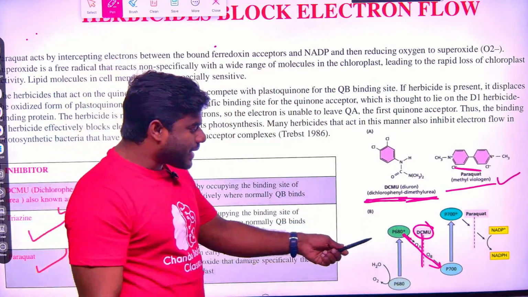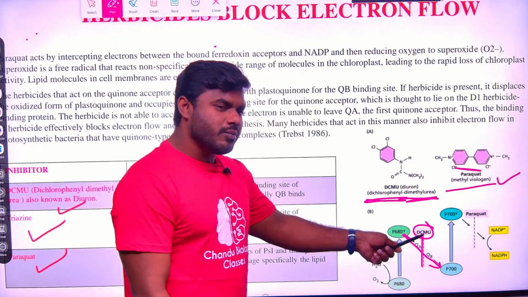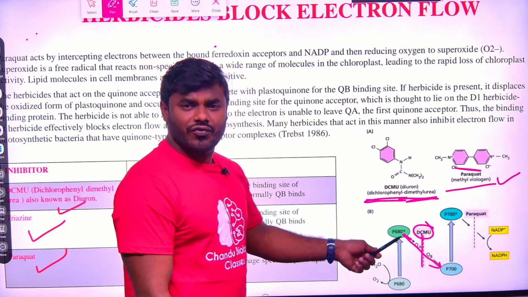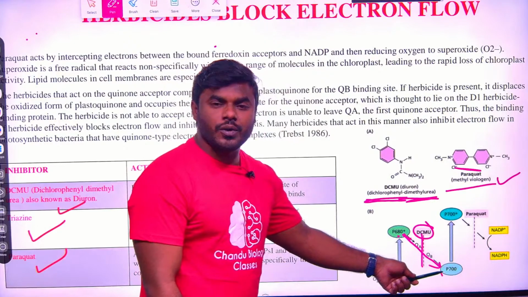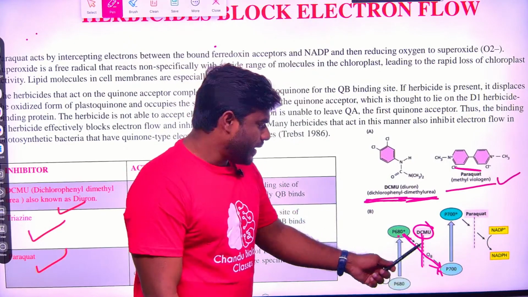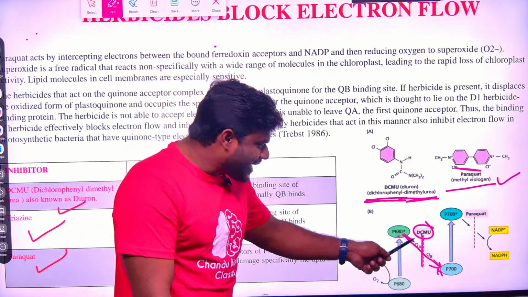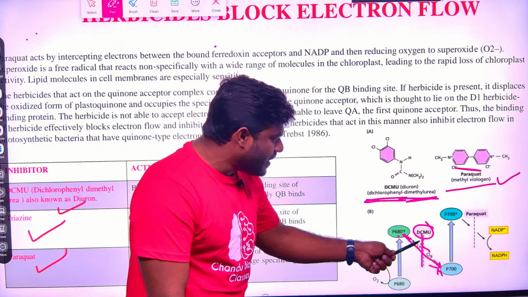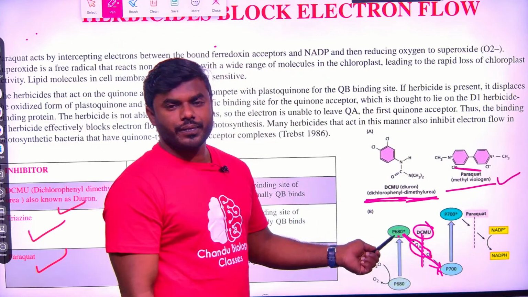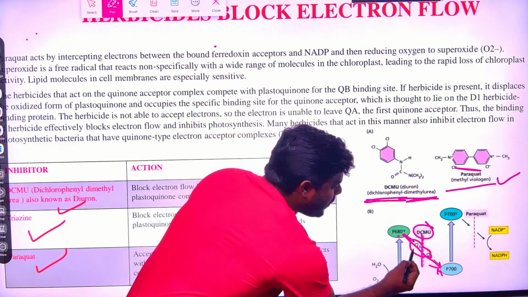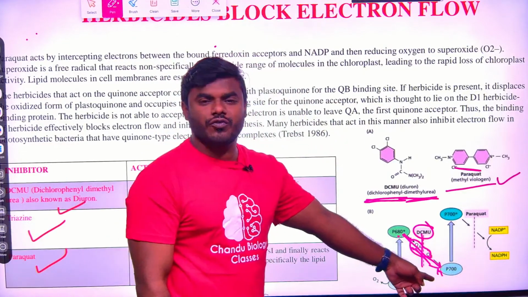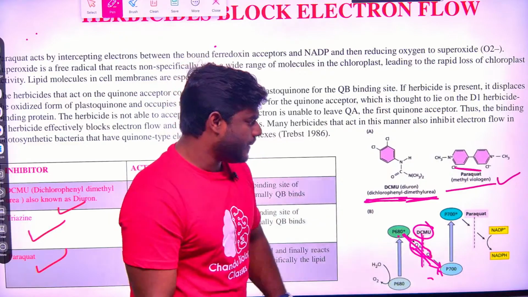So in simple words, DCMU is generally blocking the electron flow between P680 to P700. But the point is very clear, exactly where it is blocking is between the QA and QB. So see, anywhere we block it, obviously the entire electron flow will be disturbed automatically.